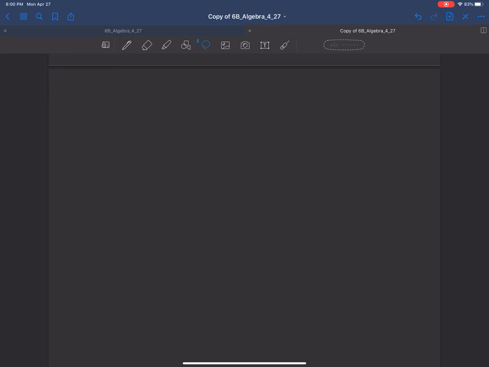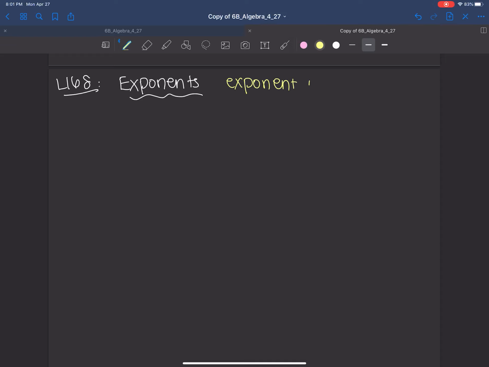So lesson 168 is again about exponents. But this time, the exponent is negative. So we are looking at numbers of the form a to the n where n is negative.